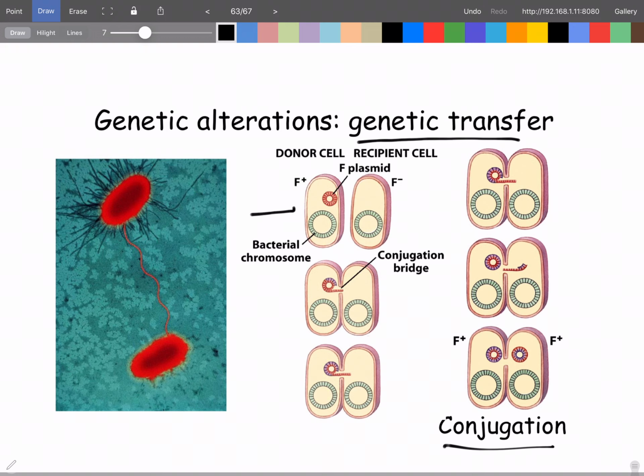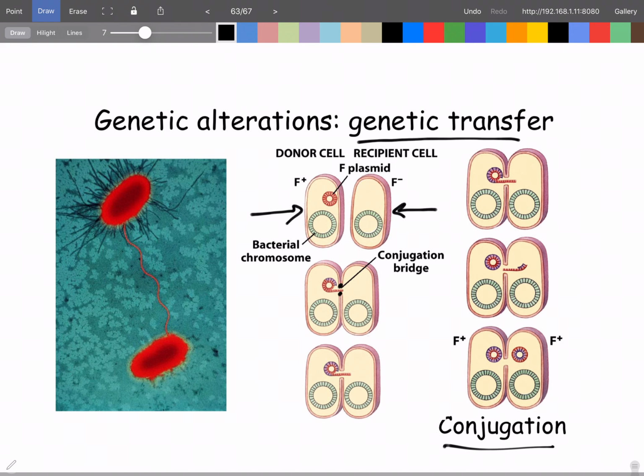So here we have an F plus cell that has an F plasmid in it, an F minus cell that is fertility minus, so it doesn't have that plasmid. Genes on the plasmid encode for the formation of this sex pilus, which is very short here, but that's that little gap that you see there.